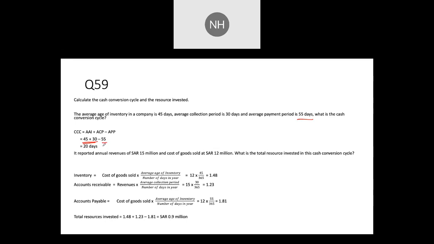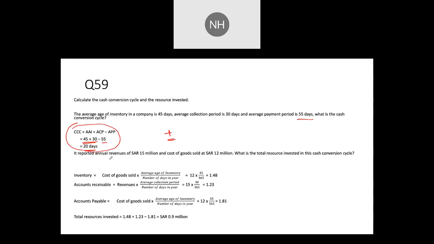So if we subtract, we get 20 days. This is the cash conversion cycle of the company. Very important data because as we learned in the class, if it is positive, it means that there is a gap in the collection and payment. So the company must arrange something for this period of time.